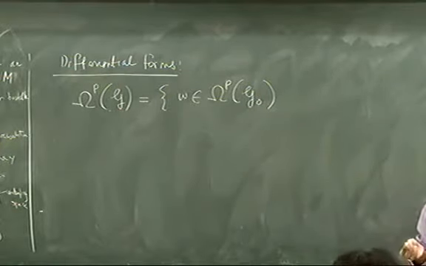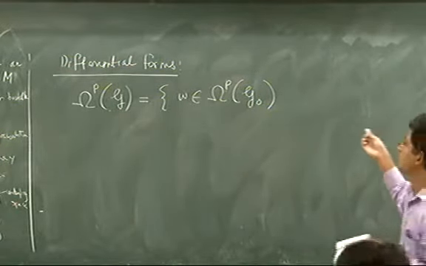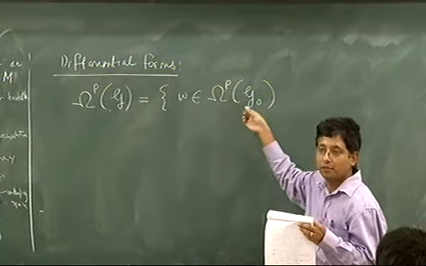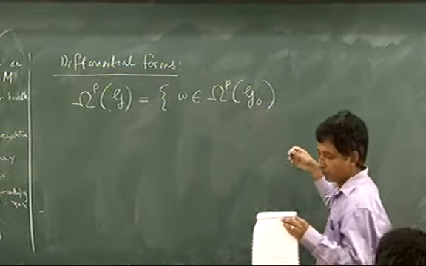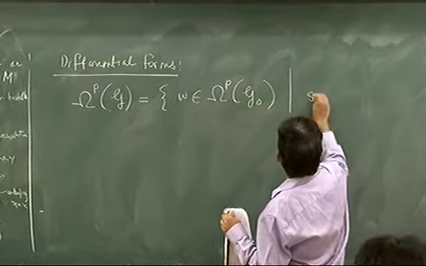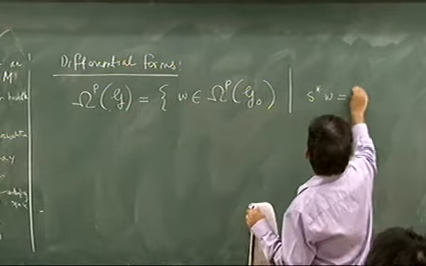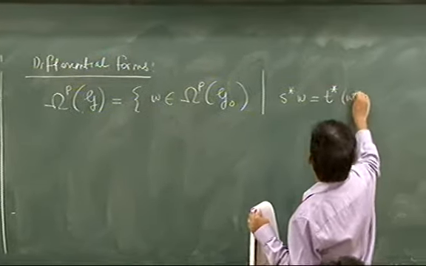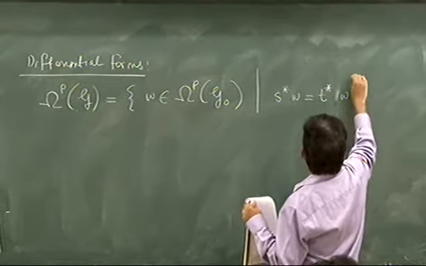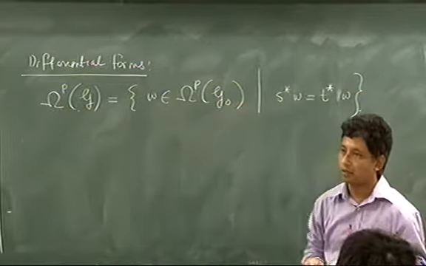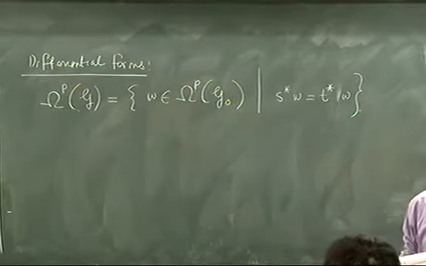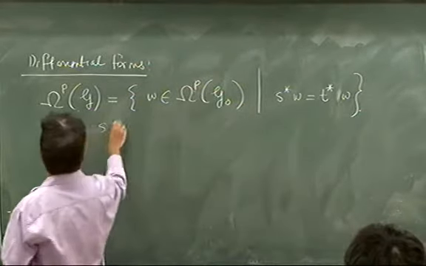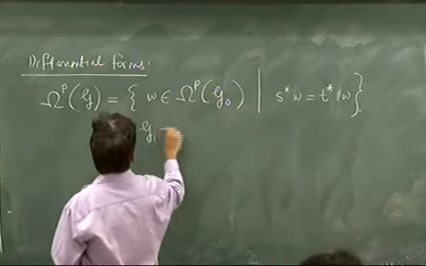So G is a Lie groupoid, and then I have this G naught, which is an orbifold. You have differential forms such that S star omega equals T star omega. So this is kind of abstract. S and T, of course, are the source and target maps from G1 to G0.